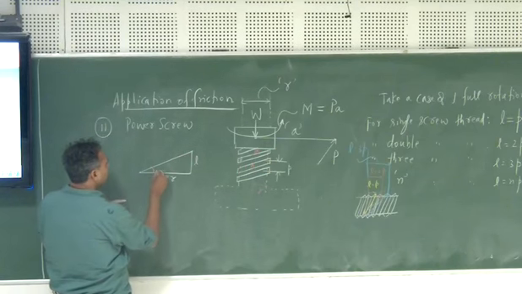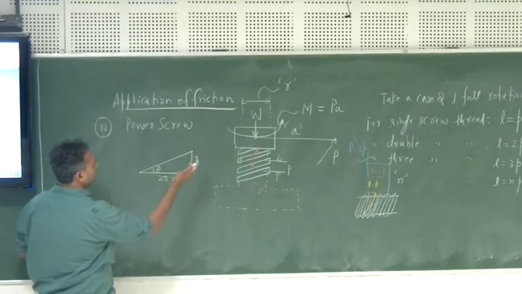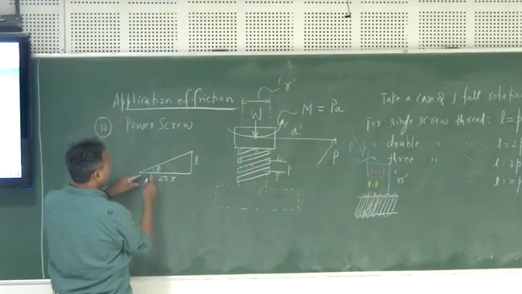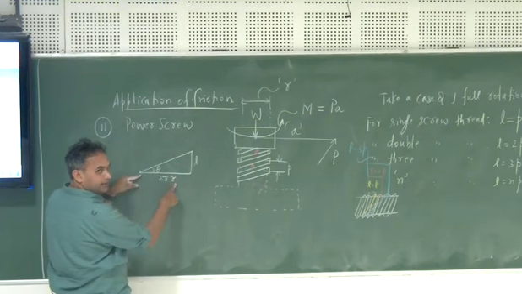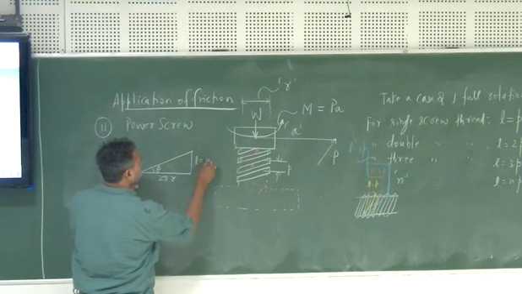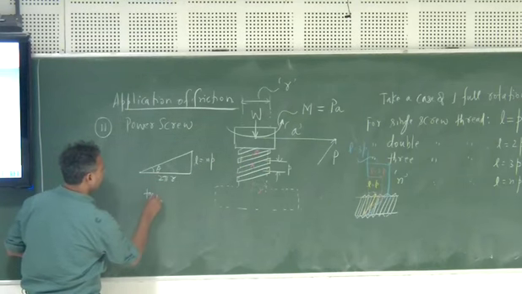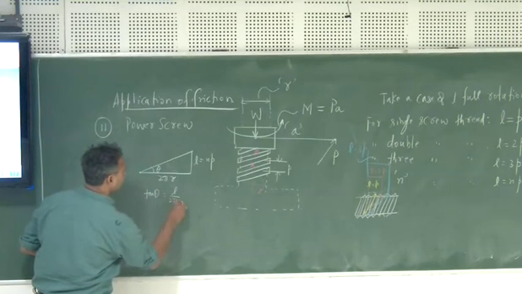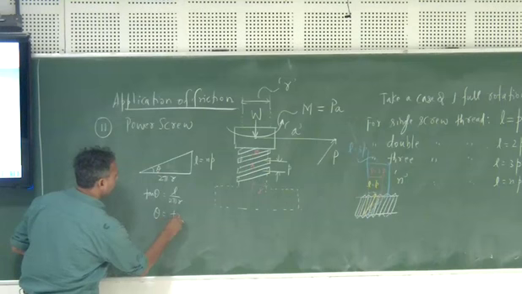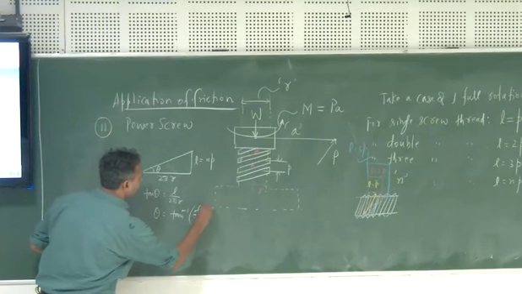This is how we find the solution for the mechanics problem in the thread. For a given L and 2 pi r, where L is nothing but n p, we can find tan theta is equal to L by 2 pi r, and theta is equal to tan inverse of L by 2 pi r.